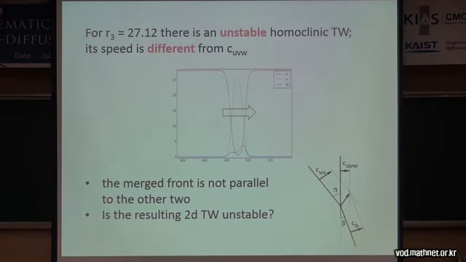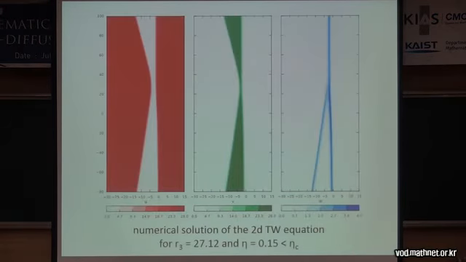So, well, I'll skip this, but it's interesting to notice that the homoclinic front should be unstable, so the stability of that wave is a bit dubious. However, if we reduce the angle of interaction eta between the 2 top fronts, we can actually observe reflection.